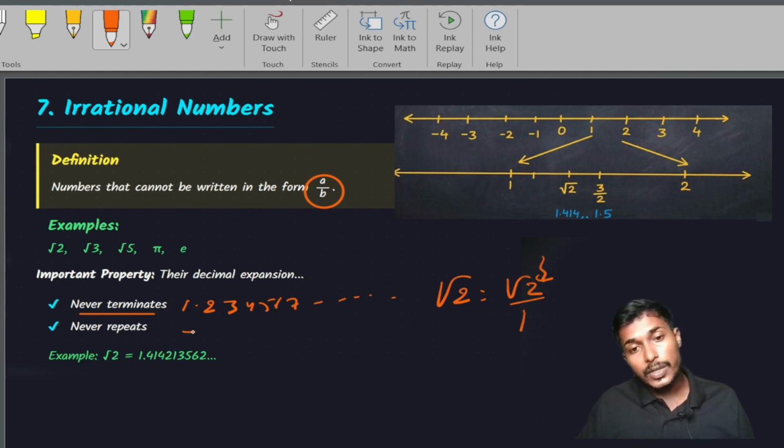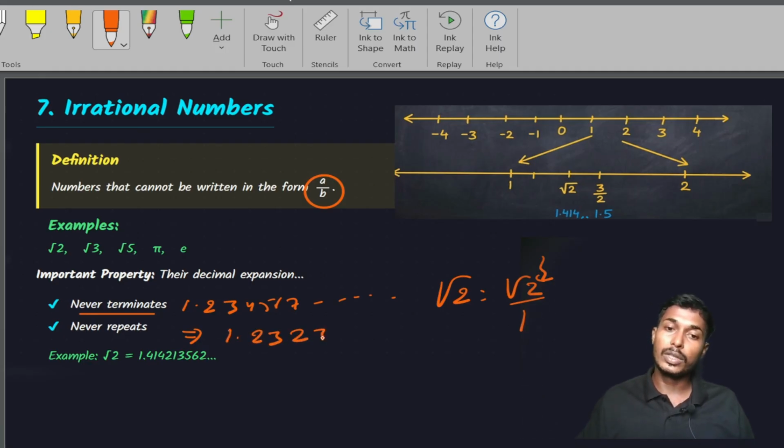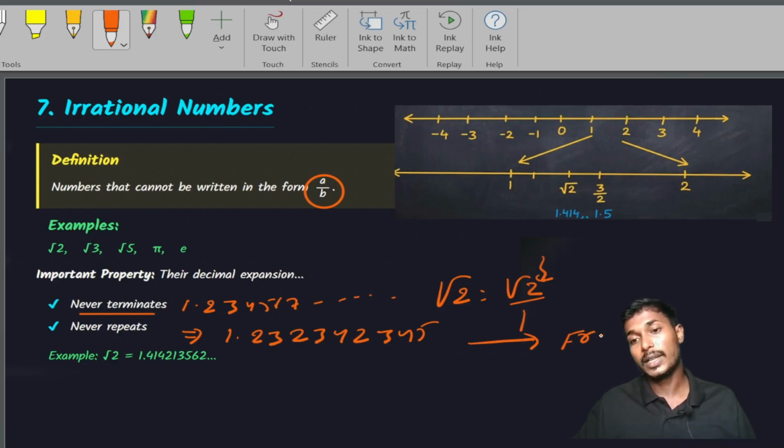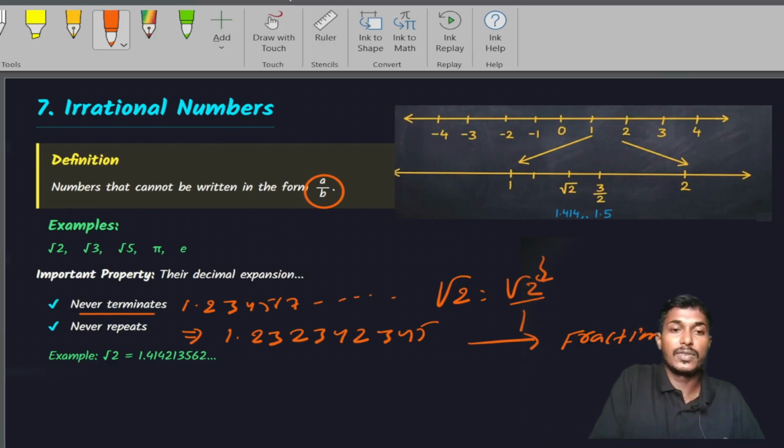If something does not repeat, like 1.232342345, it is not repeating. So it also cannot be written in the form of a fraction, and if something cannot be written in the form of a fraction, then again it will not be a rational number. Hence, it will be an irrational number. For example, root 2.